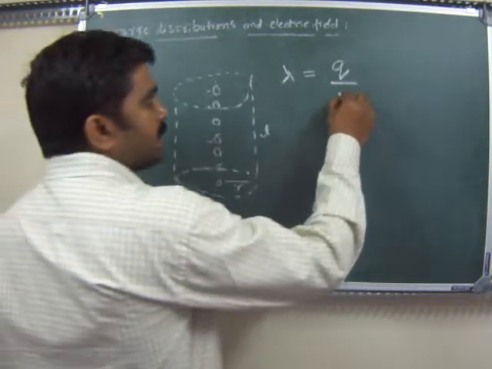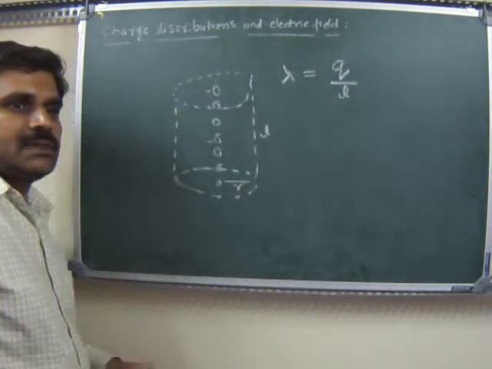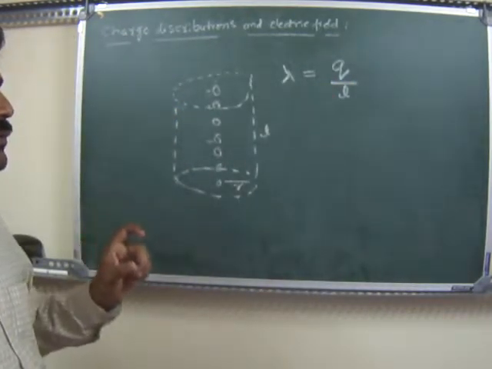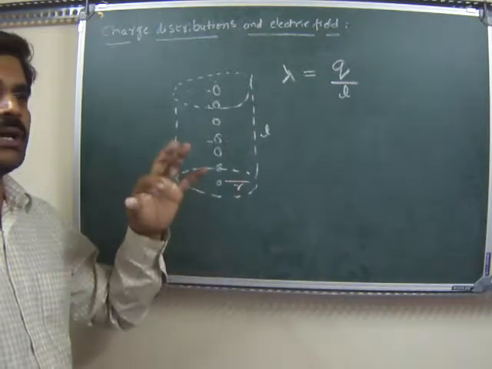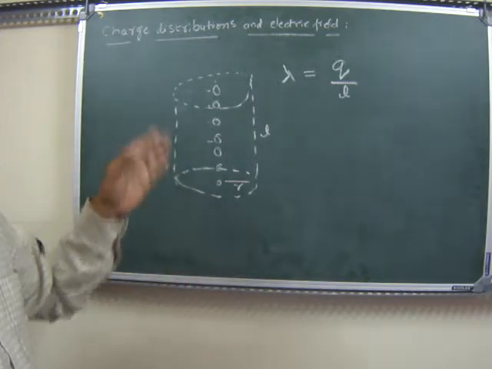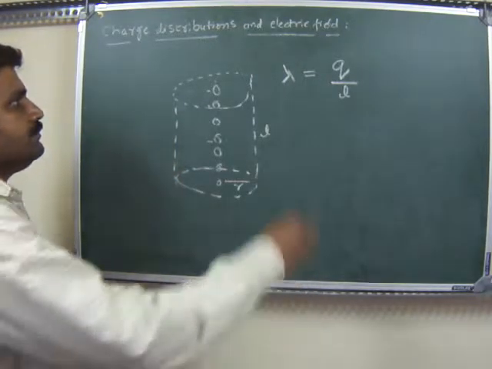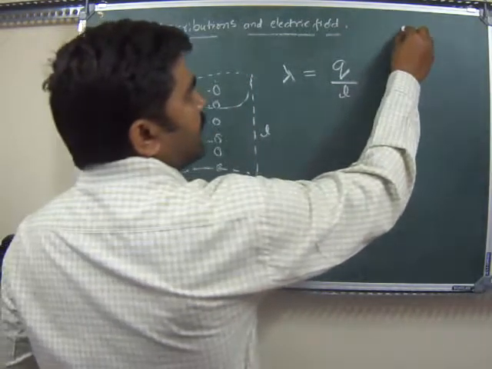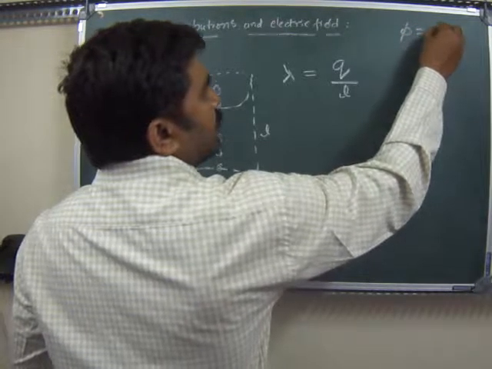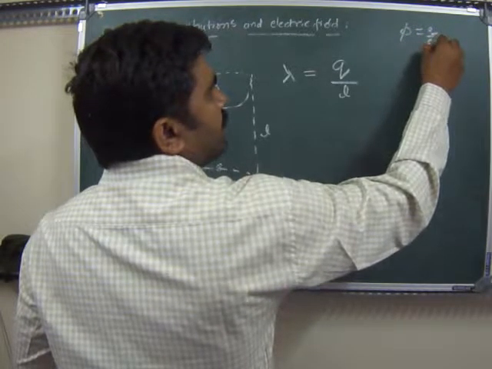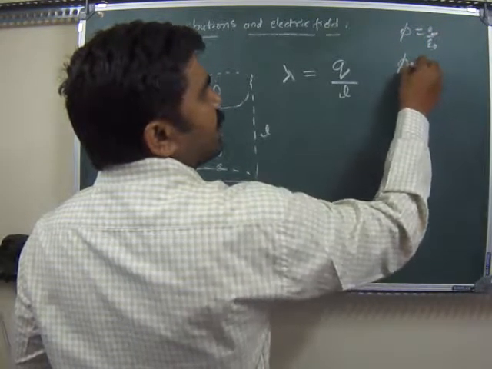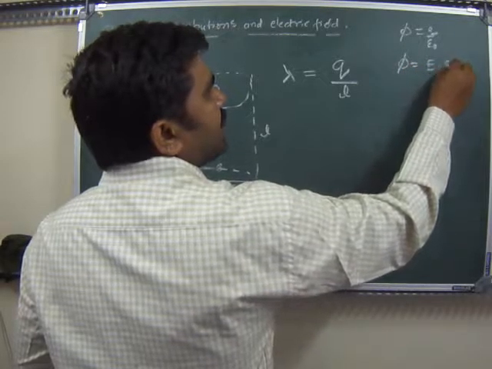This is the charge density of a linear charge distribution. Okay, now we have the law: phi is equal to Q by epsilon naught, and another phi is equal to E dot S.